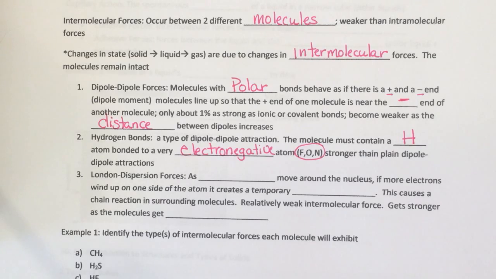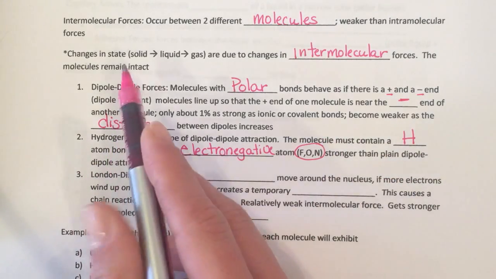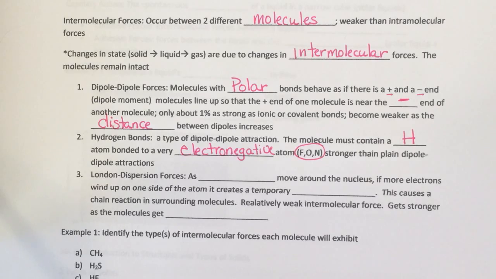Hydrogen bonding is fun, okay? Now, hydrogen bonding, because there's such a big difference in electronegativity, it's going to be stronger than true dipole-dipole forces, but we're going to have both types of forces in a molecule with H and F or H and O. It's going to have hydrogen bonds and dipole-dipole forces, okay?